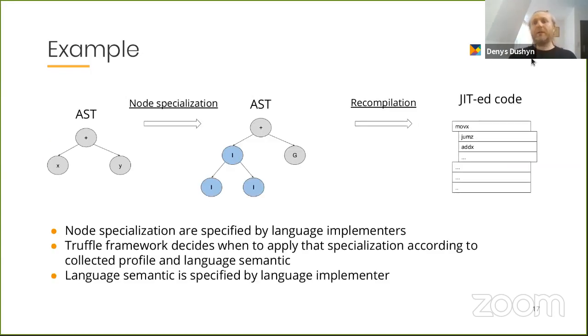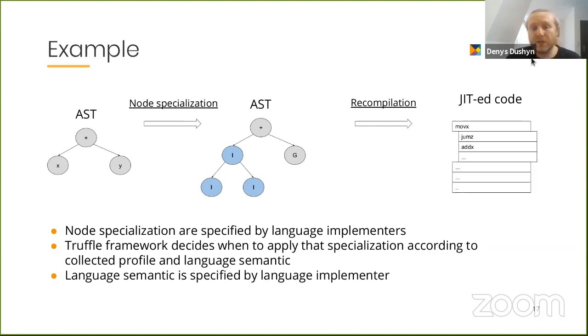So let's convert all this into images. First of all, after the parse operation, we will have an abstract syntax tree. It is depicted as a plus with X and Y, instead of left and right. In the plus node specialization stage, it's possible to replace the nodes, for example, for integers with specialized nodes.